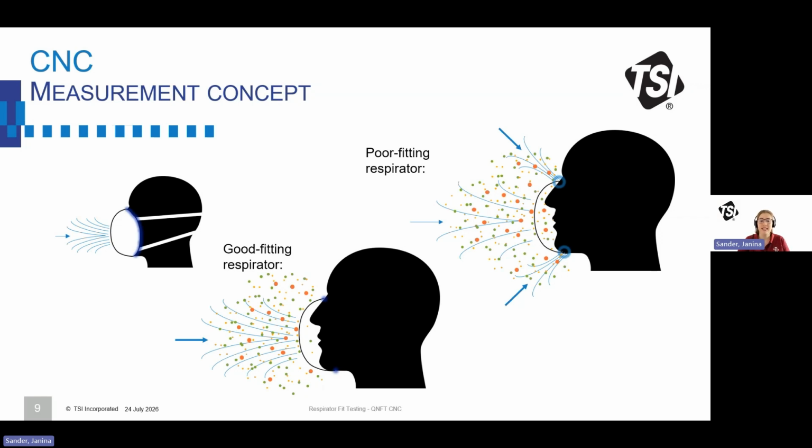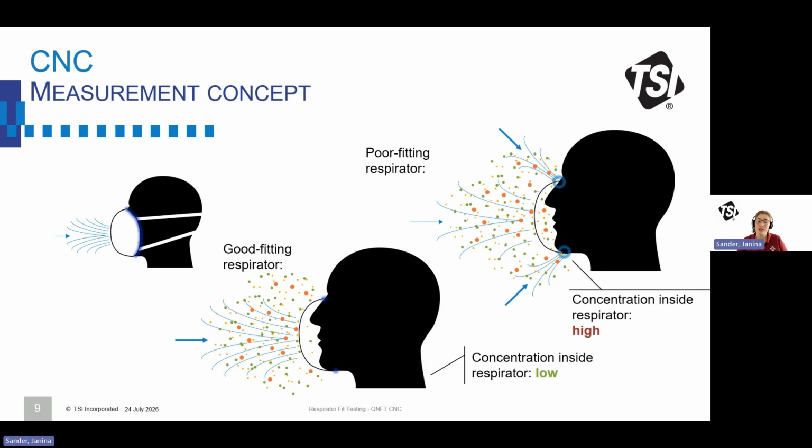The concept behind CNC is that if we have a good fitting respirator, we have lots of particles in the ambient air and a very low concentration inside the respirator, while if we have a poorly fitting respirator, we have a high concentration outside as well as a high concentration inside the mask.